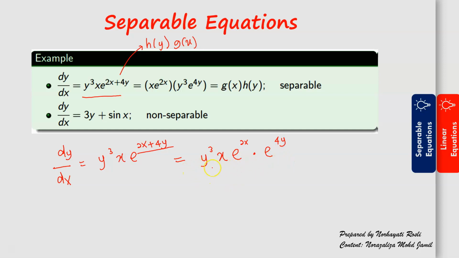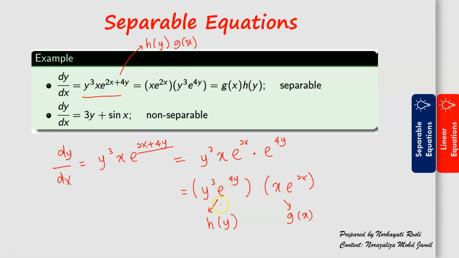In this case, I can rearrange this equation such that the variable y is located together and the variable x is located together. So here I will have y^3 e^(4y) multiplied with x e^(2x). You can see this one is h(y), a function that only has the y variable, and this one is a function that only has the x variable.